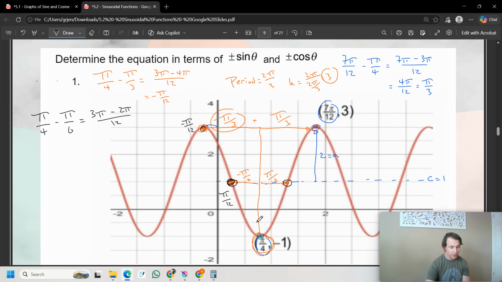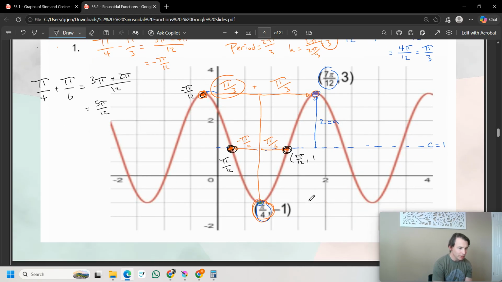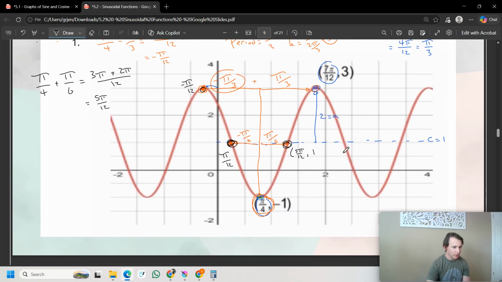We're splitting the difference in the middle. And this one over here is going to be pi by 4 plus pi by 6, which is to say 5 pi by 12. So this one is 5 pi by 12, 1. So now we've got all of the things that we need to really make our function.